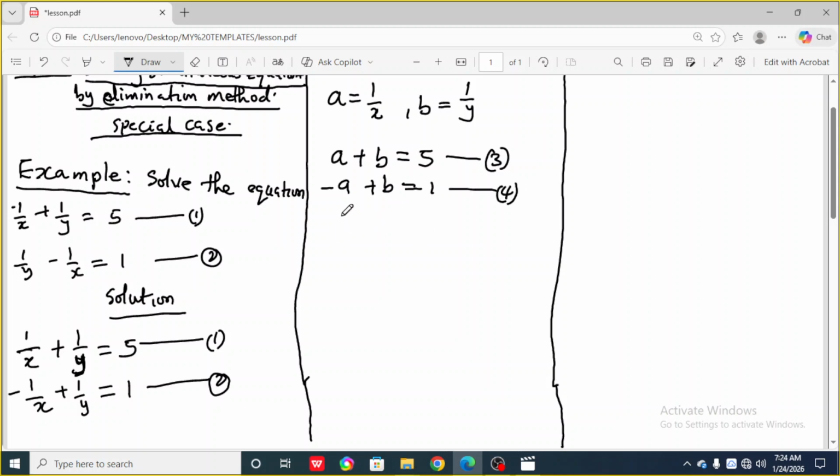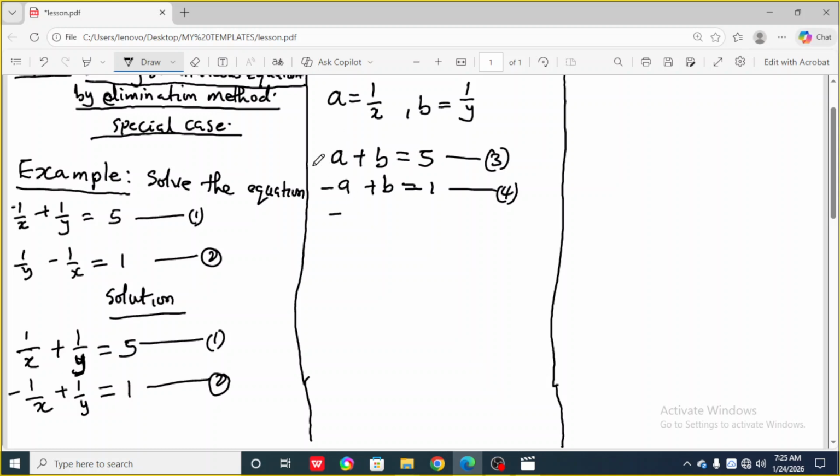The next thing we are going to do is add equation 3 and equation 4 to eliminate a and get b. I'm doing that because the coefficient of a is minus in equation 4, and it is plus in equation 3.